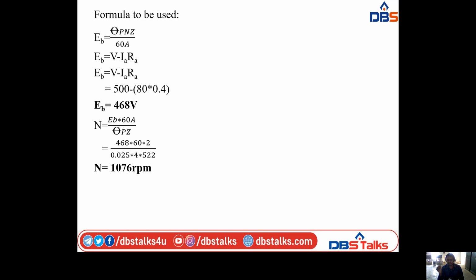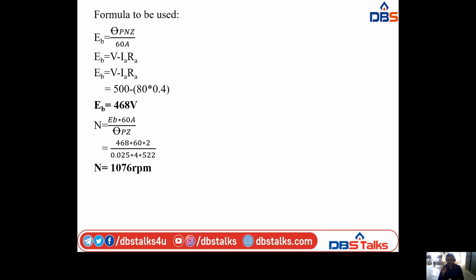Substitute 468 into 60 into A, the number of parallel paths. It is a wave connected armature, so A is equal to 2. Divide by the flux, 0.025 Webers, into the number of poles, 4, and the number of conductors, 522. In total we have the speed 1076 rpm. This is the speed of the given DC motor.